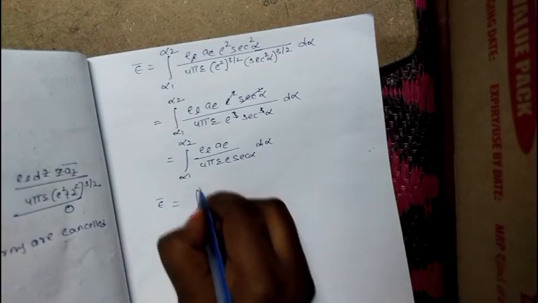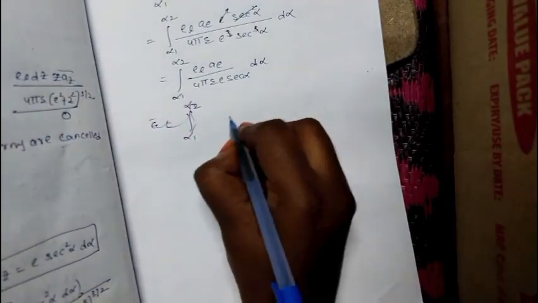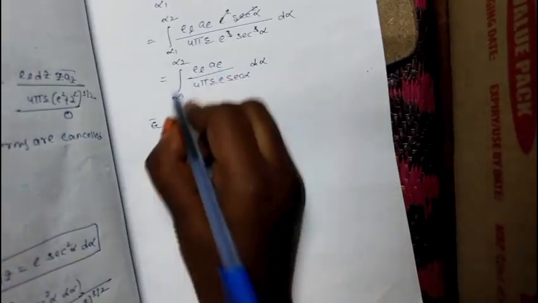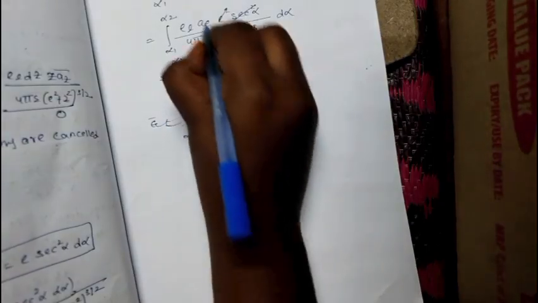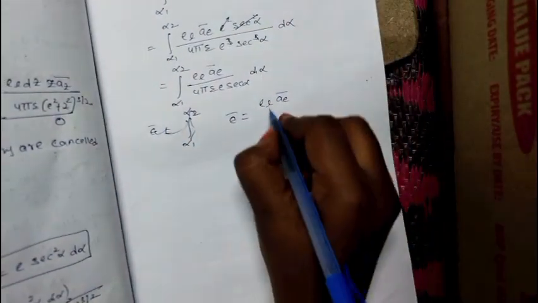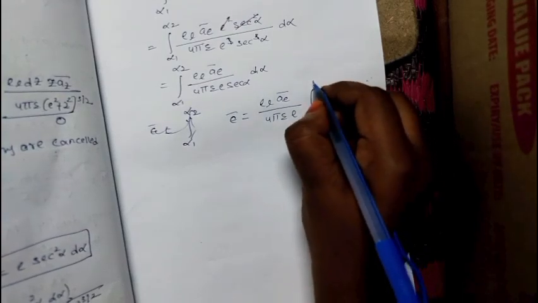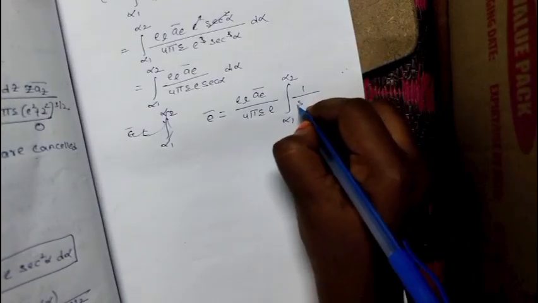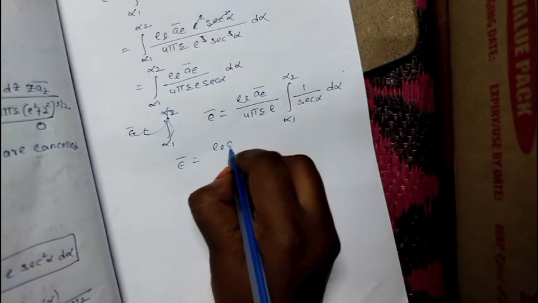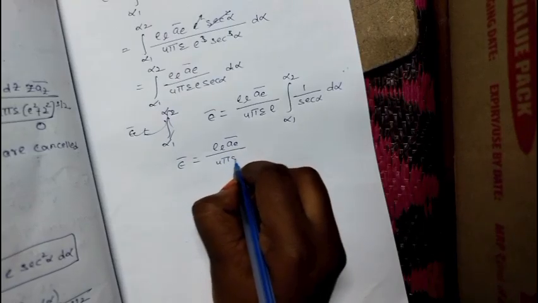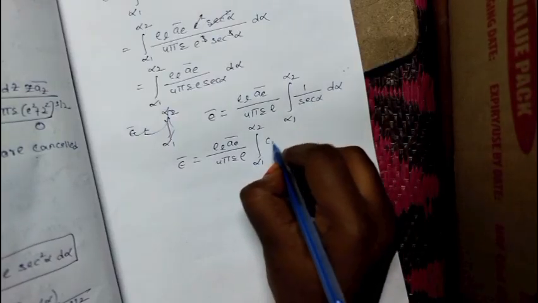The constants are common, so E bar is equal to rho L a rho bar by 4 pi epsilon rho, integral from alpha 1 to alpha 2 of 1 by secant alpha d alpha. 1 by secant alpha is cos alpha.